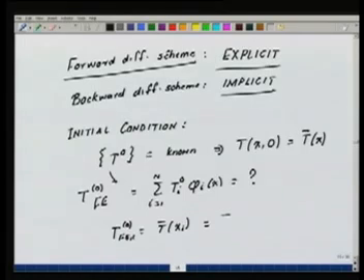This is nothing but Ti0. So the nodal values of this given function at the nodes are taken to be the values of these coefficients, because that's what this function will be at the nodes. So the initial condition gives me the values of these nodal temperatures at time t equal to 0.